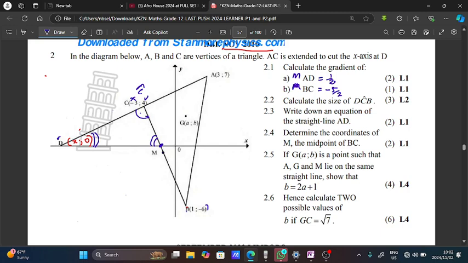So can you get this angle here? Can you get angle D? What is the angle D? Because you've got the gradient again. So it means we'll have C angle D, and then what?